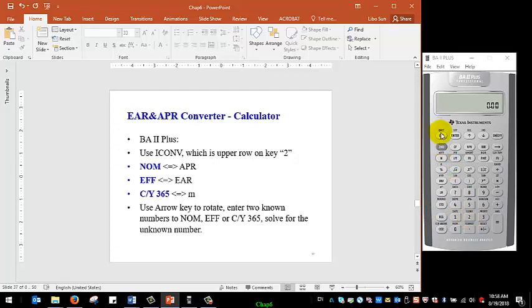Okay, so let's see. Press second, press I convert. So you will see NORM, EFF, or C/Y. Here NORM is equivalent to APR, the annual rate, while EFF is equivalent to effective annual rate, while C/Y means compound frequency M.